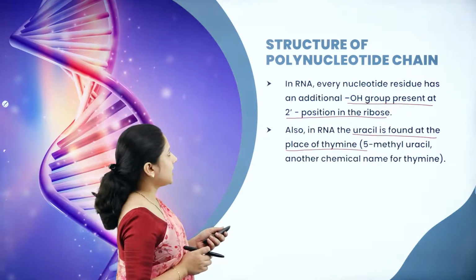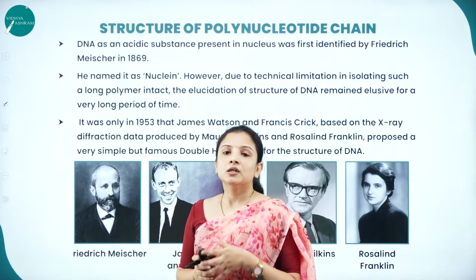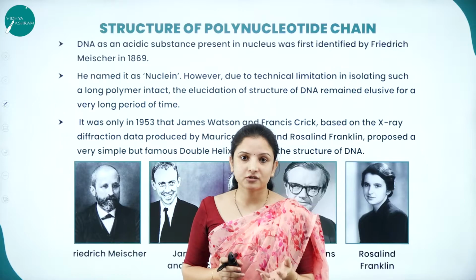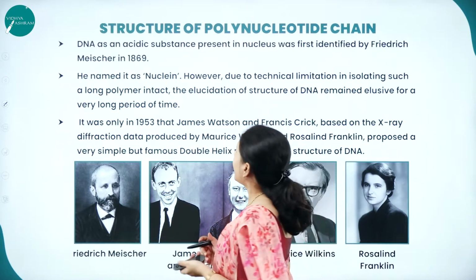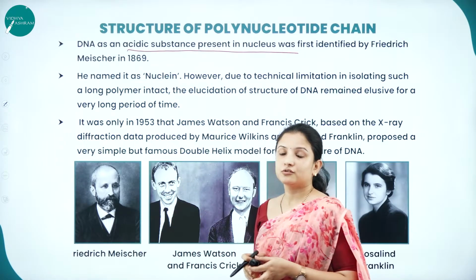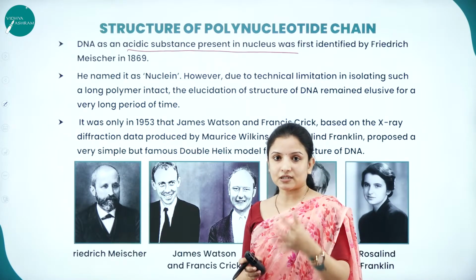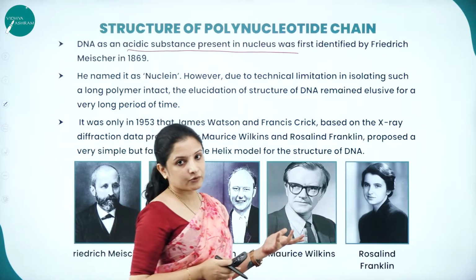Next, moving further, let us study the contributions of various scientists towards finding out the structure of the polynucleotide chain. DNA is an acidic substance present in the nucleus. Who discovered that? Otherwise, people would not have come to know, right?